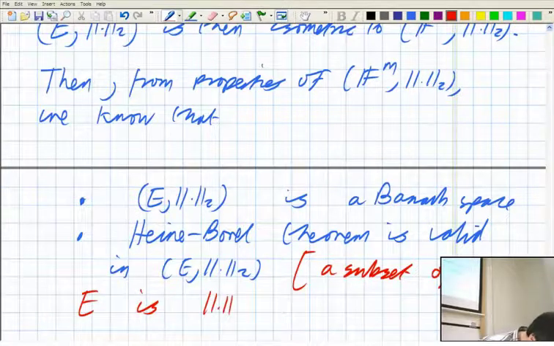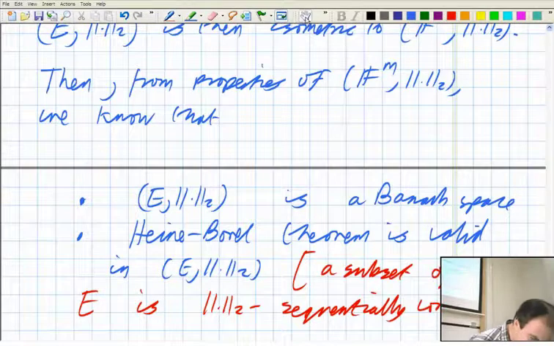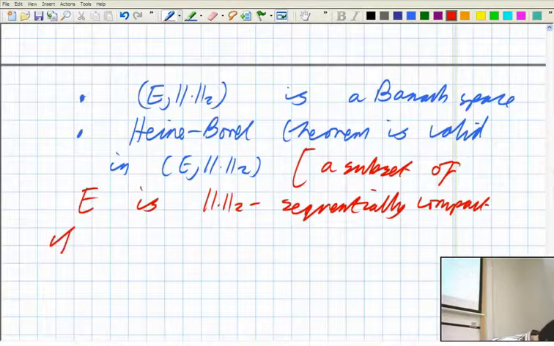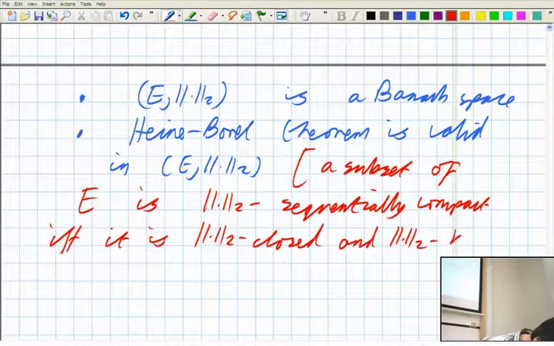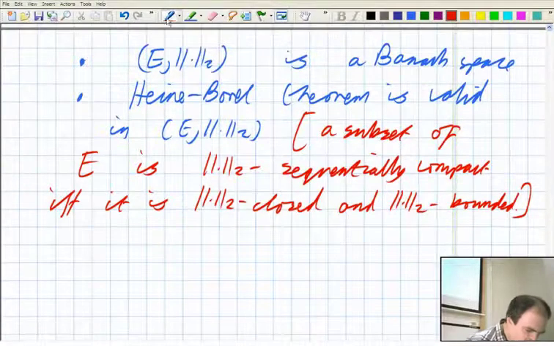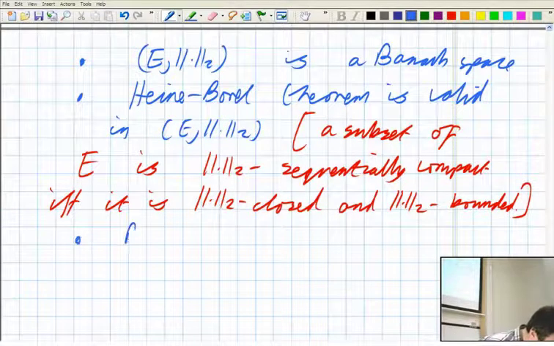So it's norm 2 sequentially compact if and only if it's norm 2 closed and bounded. Because, of course, we're going to put some other norms on E in a minute. And Bolzano-Weierstrass is also true. We won't need that one, but I'll mention it again.